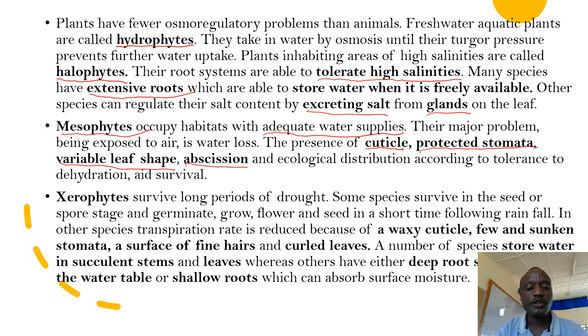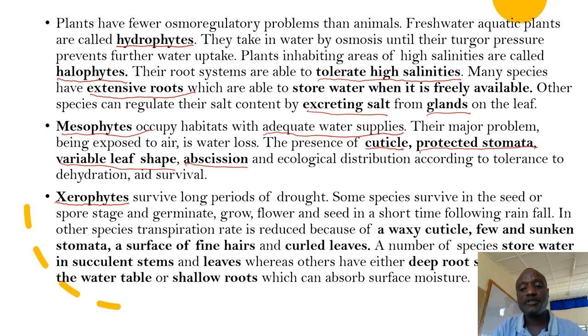Now, in conclusion, the last category here is the xerophytes. Xerophytes are plants which can survive longer periods of drought. So indeed you have heard these are desert plants, but they can survive longer periods of drought.